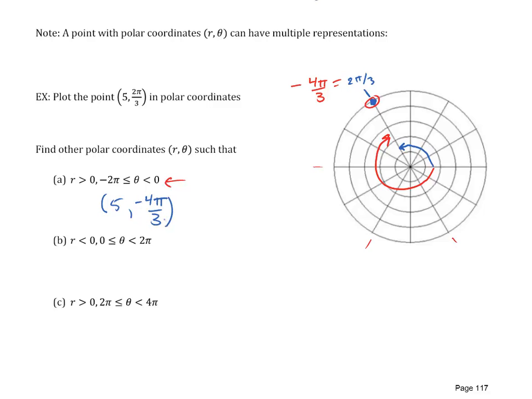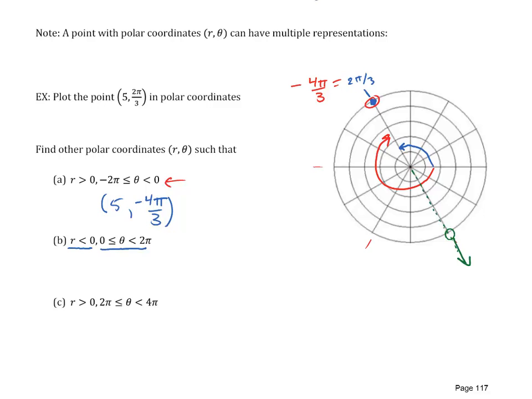On the next one it says let's do this in the positive direction for the angle, but find the coordinates of the same point where r is negative. Now how could that possibly happen? Well, let me switch colors again. Let's go to a green here. Notice that if I were to go in this direction right here, if I went a positive 5 down there, I would actually end up at this point, which is not where we want.